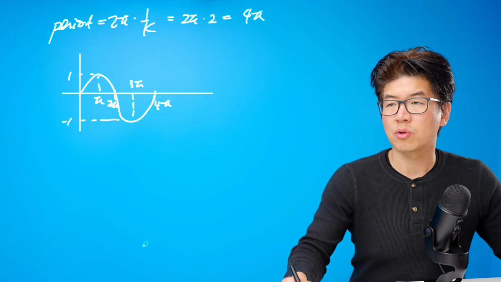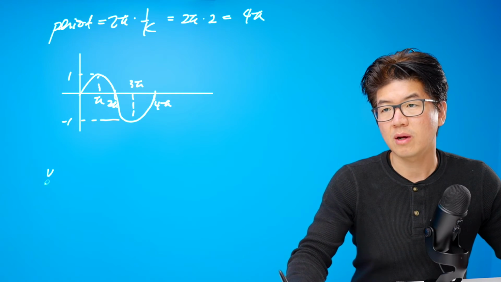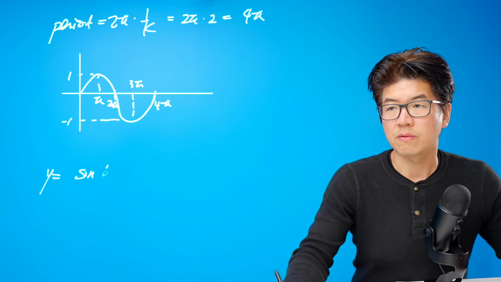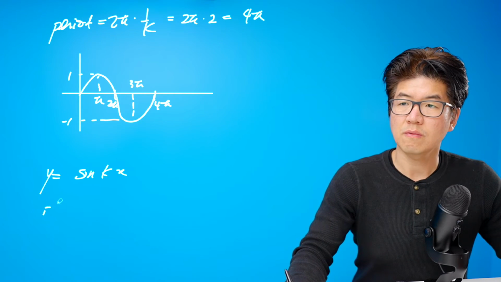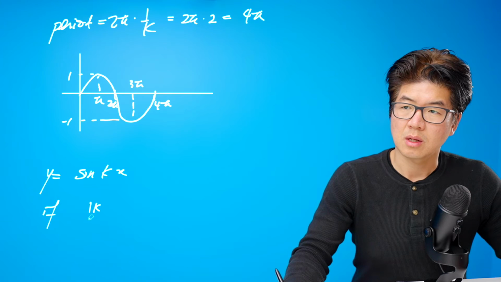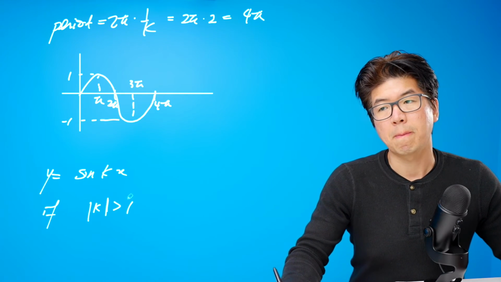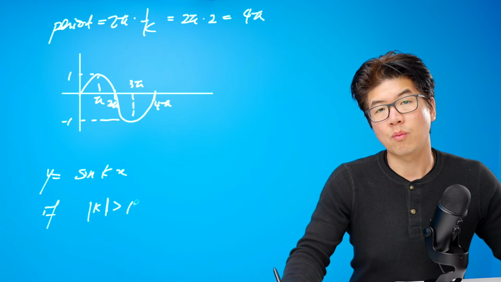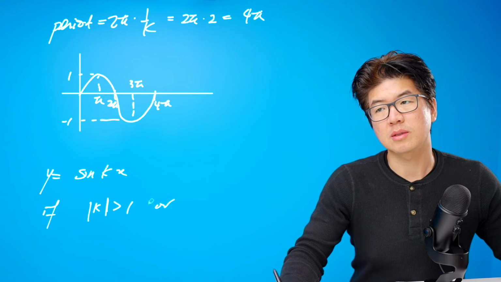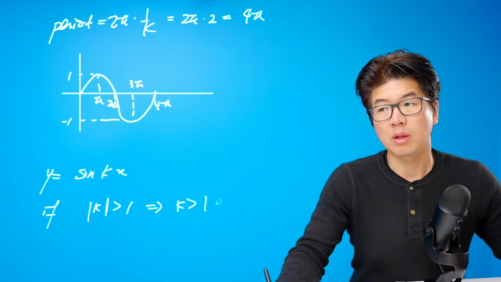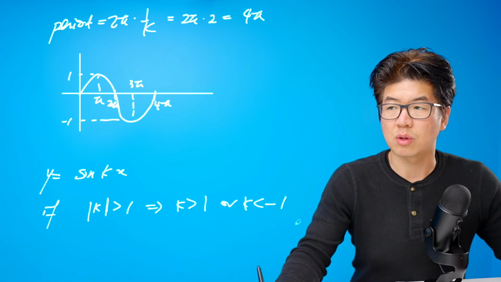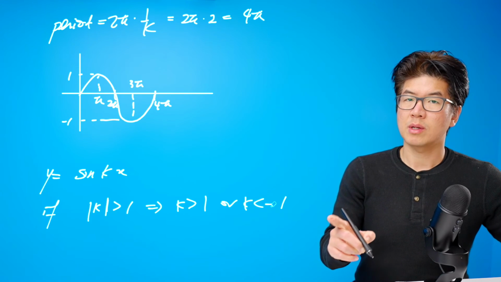Okay? All right, let's summarize. Of course, we can do many more examples here, but let's summarize. If you have y equals sine of kx, and the absolute value of k is greater than 1, meaning k is bigger than 1 or k is smaller than negative 1, the negative we'll talk about separately.